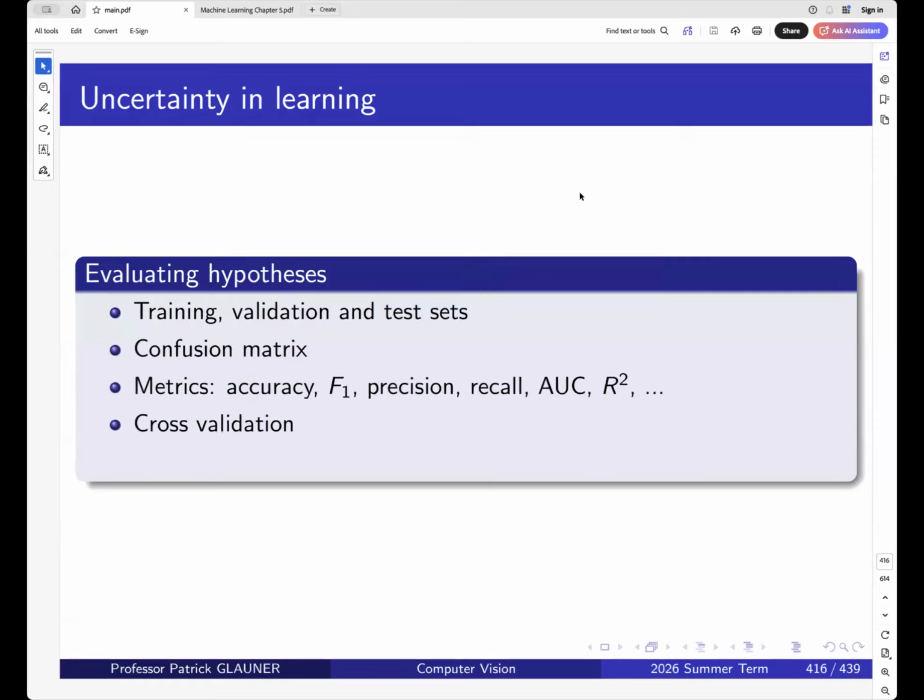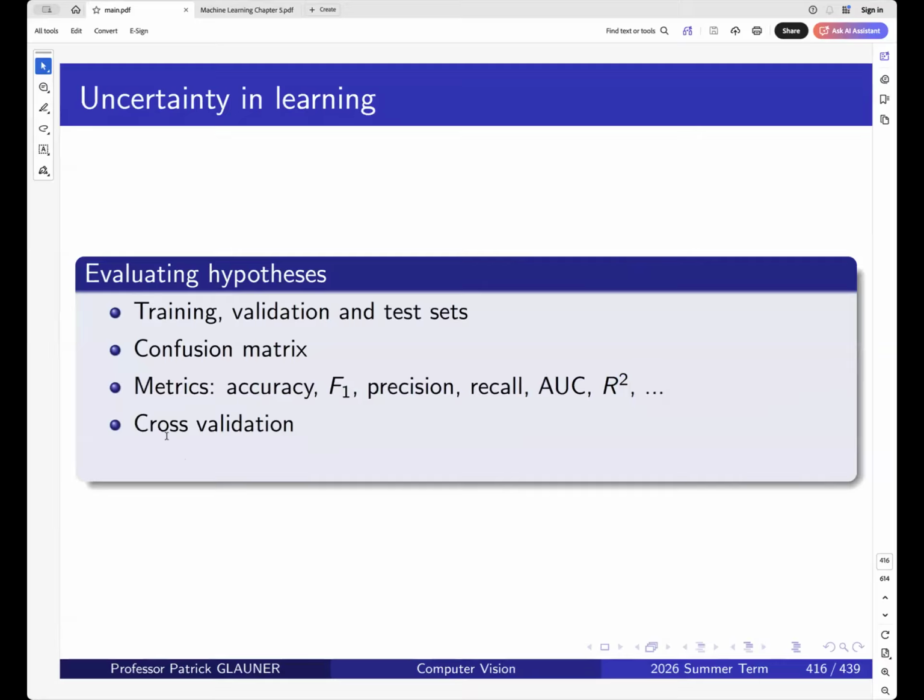We can evaluate a hypothesis by calculating a confusion matrix, for example, and from the confusion matrix, we can calculate different measures, different metrics, like accuracy, F1, precision, recall, area under the receiver operating curve. For regression models, we have the R-squared metric and many more.